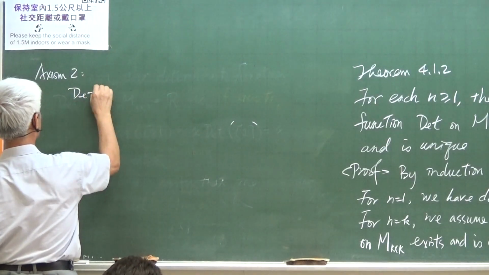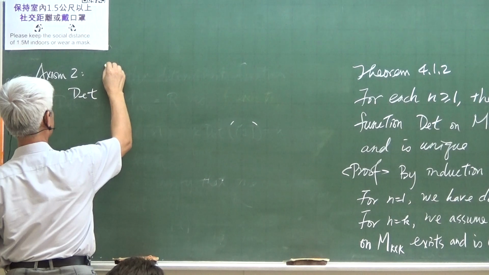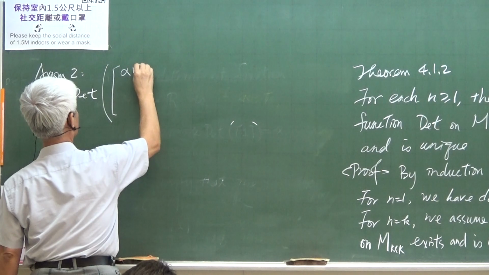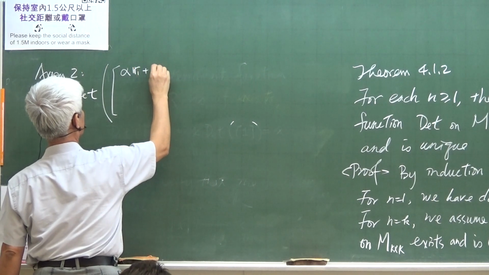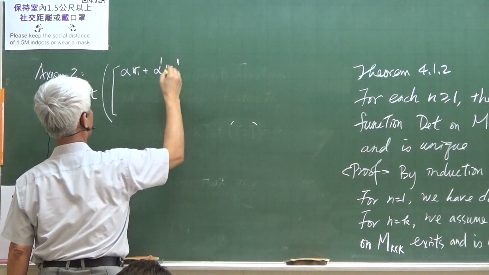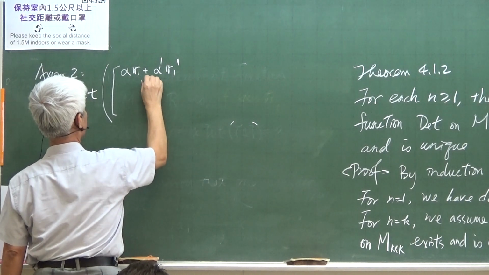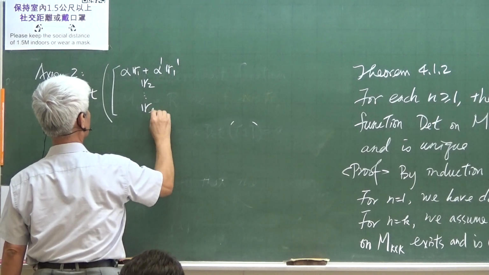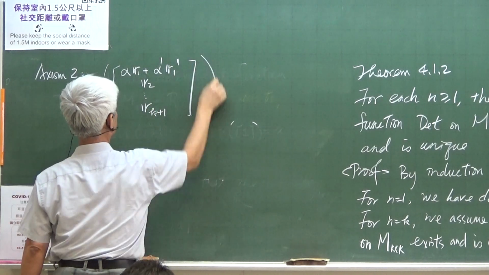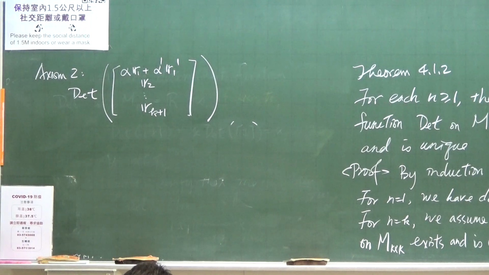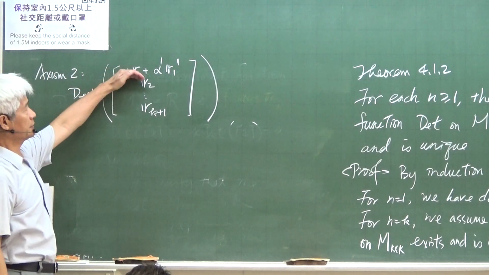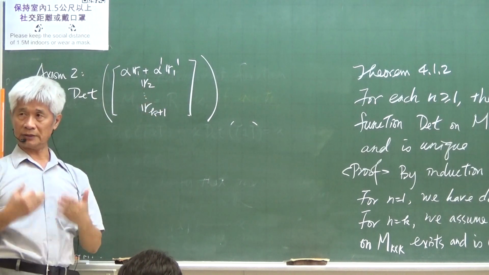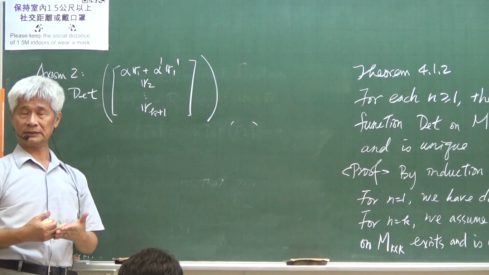So now, the determinant of alpha R1 plus alpha prime R1 prime and R2 to R k plus 1. So the first row is a linear combination of two row vectors.